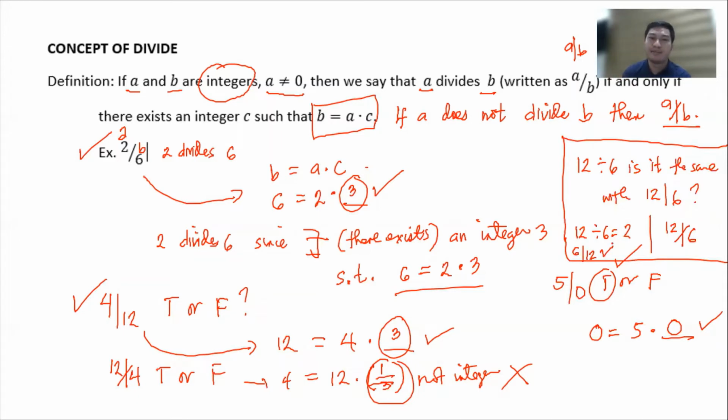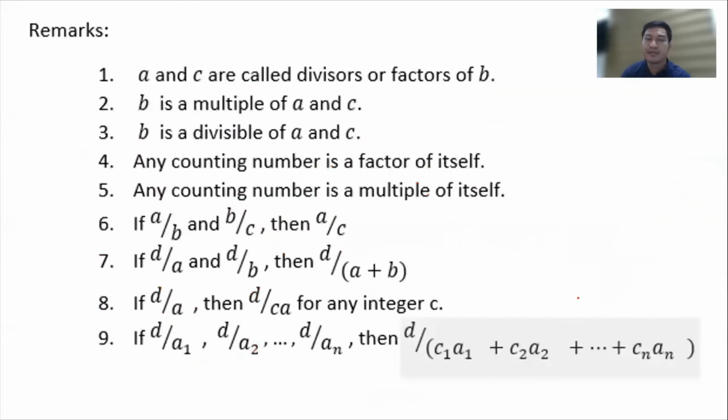So based on this definition, we can have some remarks. The first remark that we have here is that A and C are co-divisors or factors of B. Let's go back to our example. If we have A divides B, that implies that B is equal to A times some integer C. So this A and C are called divisors or factors.